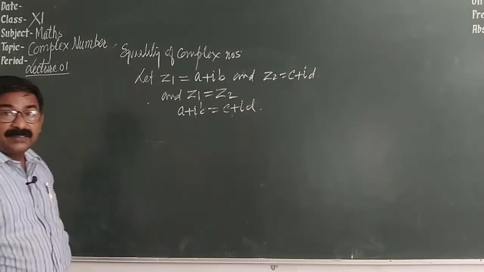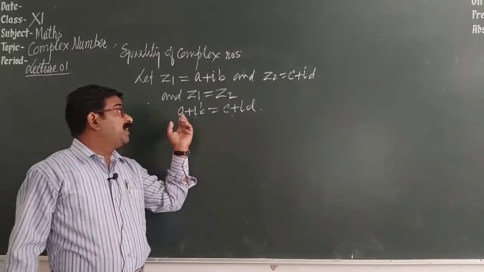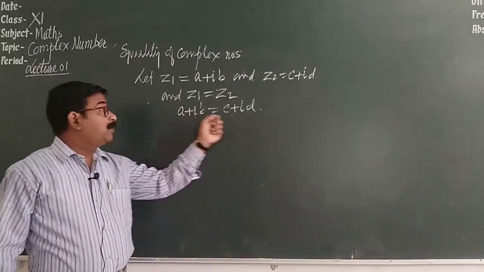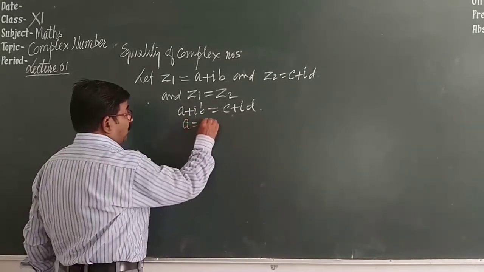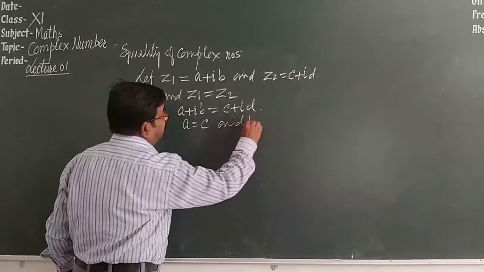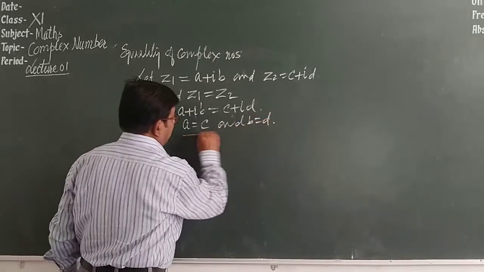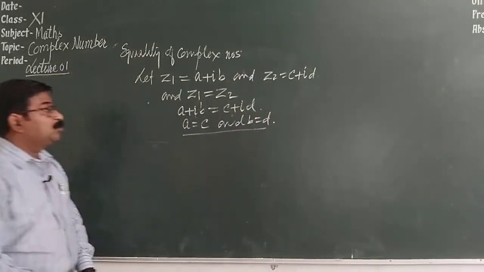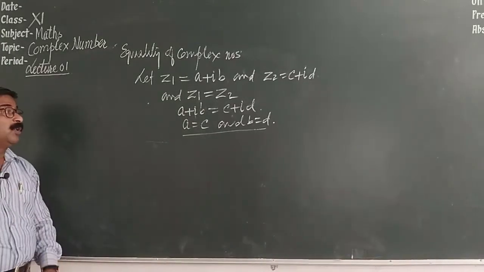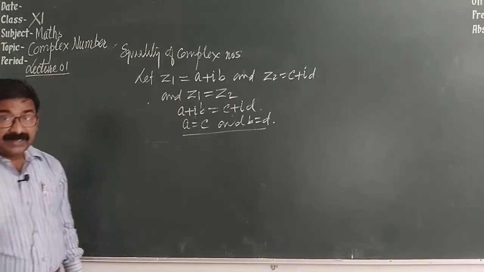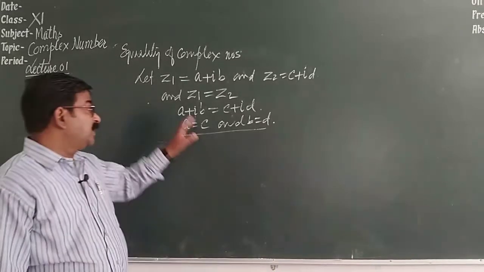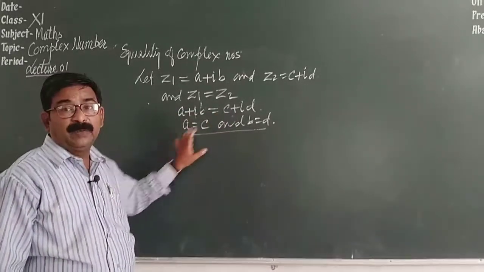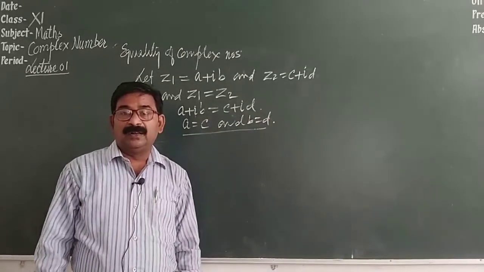So in this case we compare real part with real part and imaginary part with imaginary part, so a is equal to c and b is equal to d. So what is the conclusion? Two complex numbers are equal only when their corresponding parts are equal, means real part equal to real part and imaginary part equal to imaginary part. Got it?